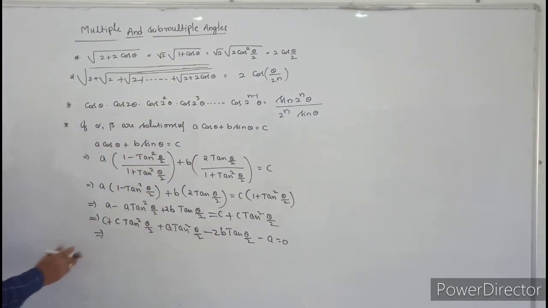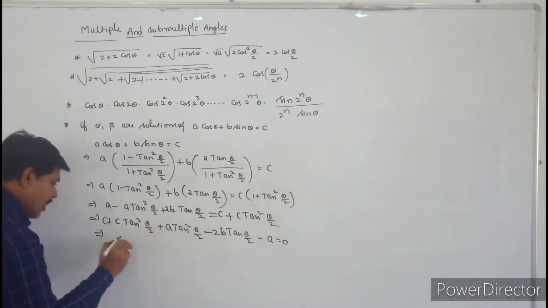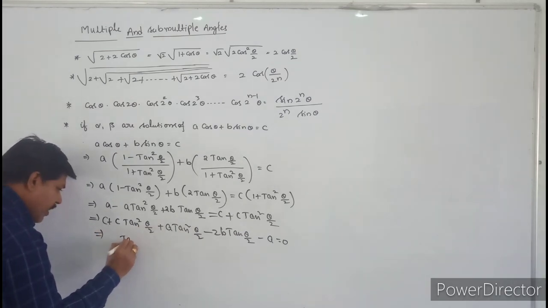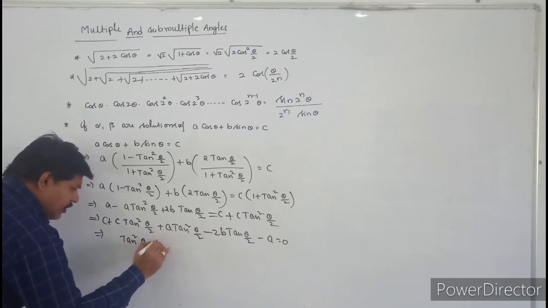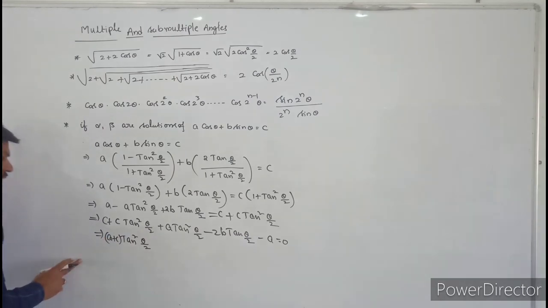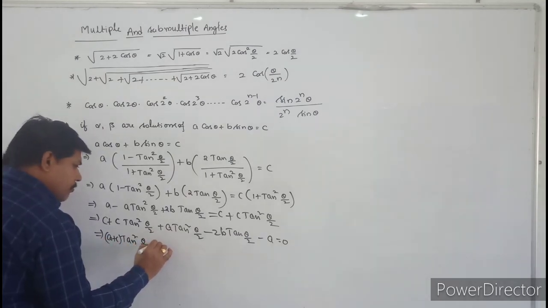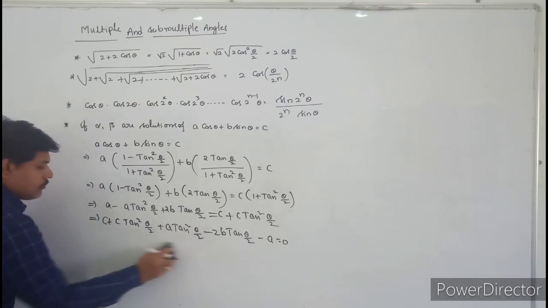So what will we take common, students? I will take tan square theta by 2 common. It will become tan square theta by 2 into a plus c, minus 2b tan theta by 2, plus c minus a is equal to 0.